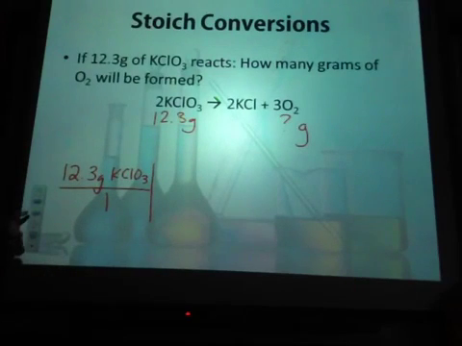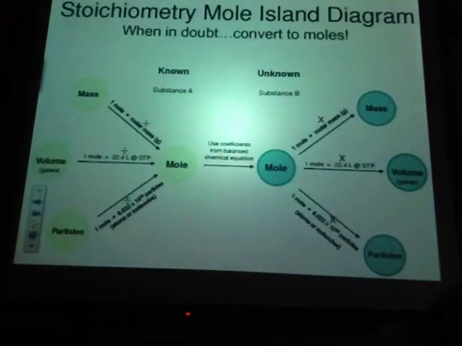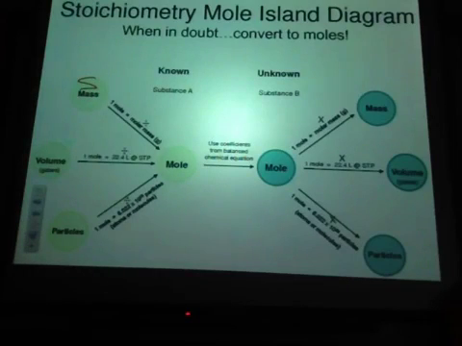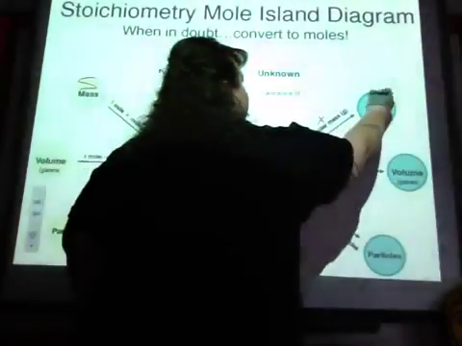How many steps do we have to do? So we're in grams of one thing, we've got to go grams of another. So remember, grams is mass, so we're starting up at our mass. Okay, and we need to end up where on the other side? We also have to end up in mass.